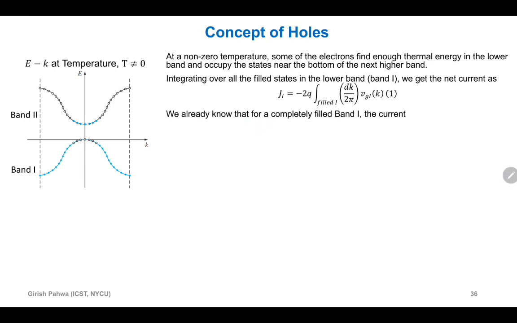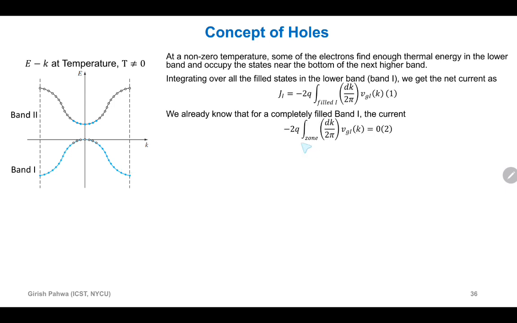Now we already know that if my band, if this band 1, would have been completely filled, I get zero current. We know that, we just saw that, right? So if I write the same integration, but instead of the filled states, I write zone here over the complete zone, assuming that these states were also carrying some electrons, then if I integrate over the whole zone, that will give me 0.